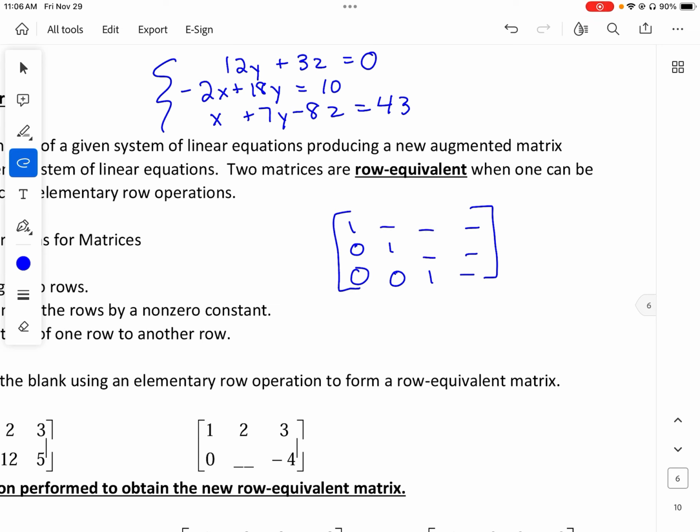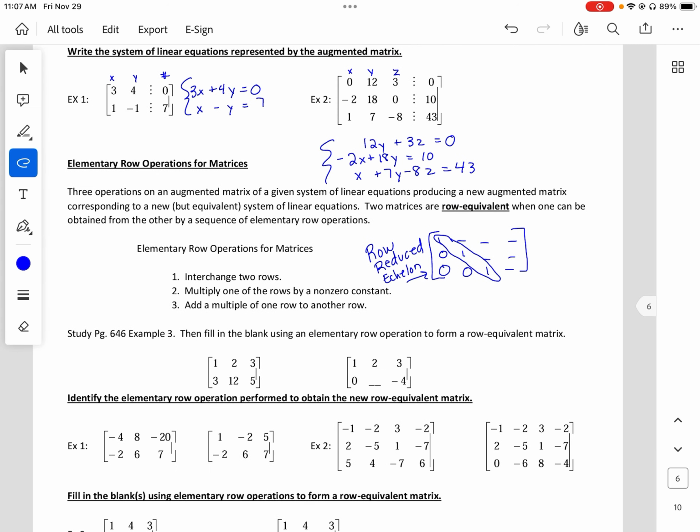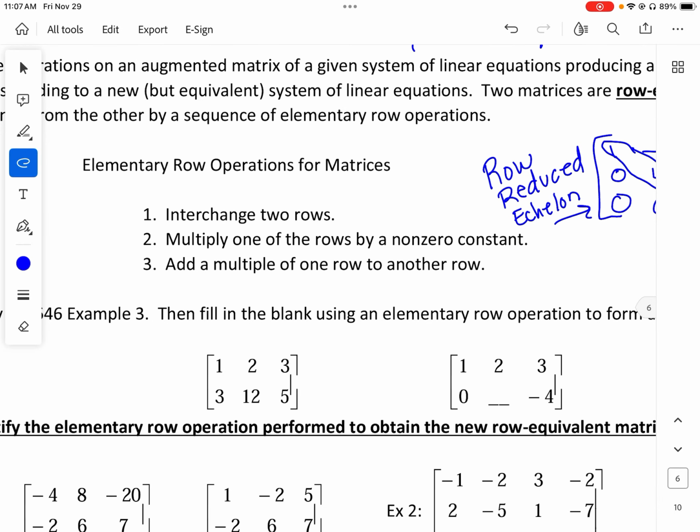But the goal is to have a diagonal of ones and then 0s in the corners like this. This is called row reduced echelon form, or it could just be reduced echelon form.